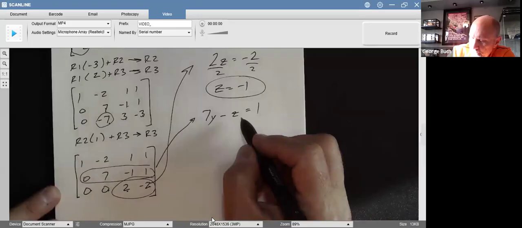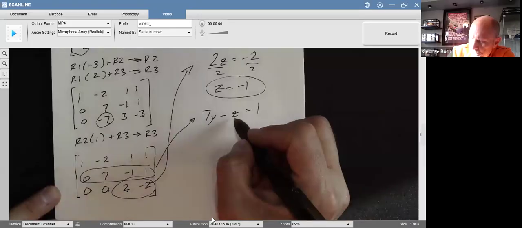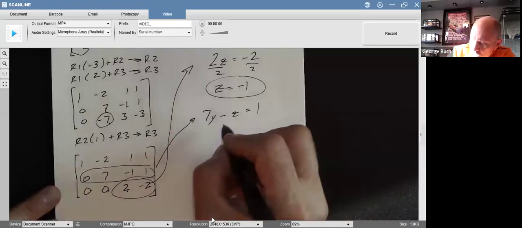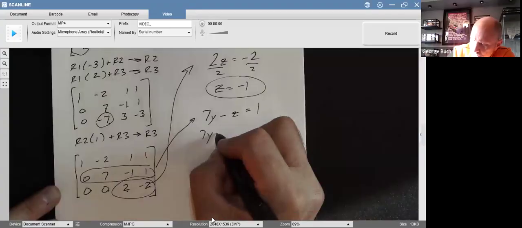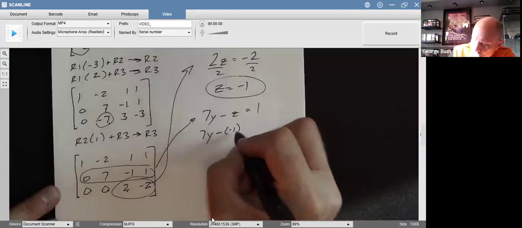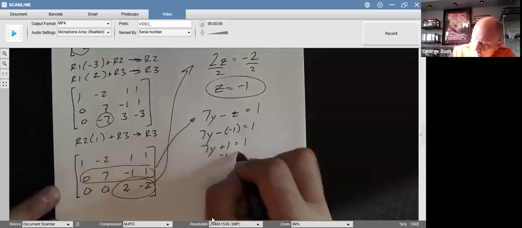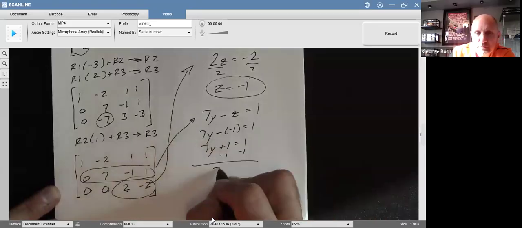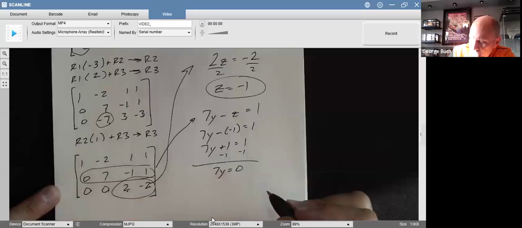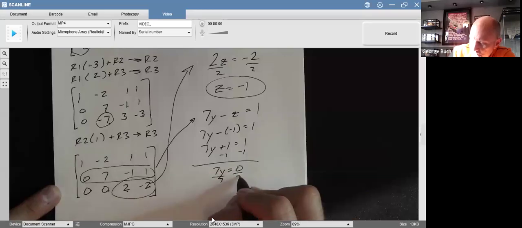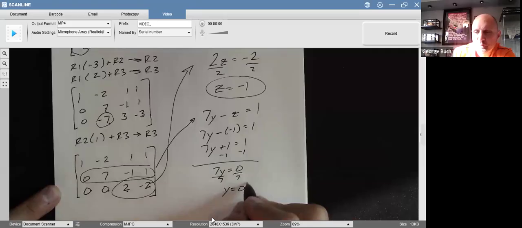So plug that in here. I get 7y minus a negative 1 is 1. So 7y plus 1 is 1. Minus 1 from both sides, 7y is 0. So divided by 7 means 0 divided by 7 is 0.